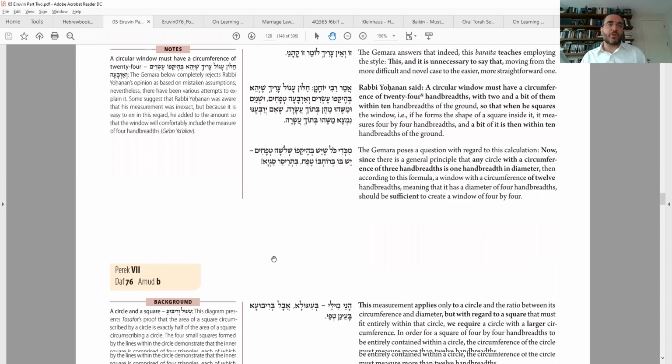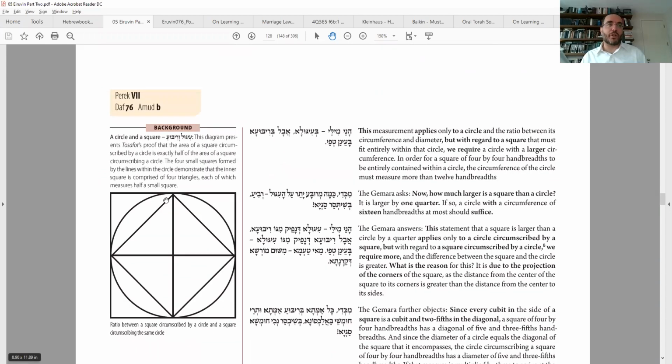All right, well, that was assuming that we were putting the circle window inside the square. He says, okay, that's when the circle's inside, but if it's outside, then we're going to need more. Okay, so fine, now we're putting it outside. So how much more?